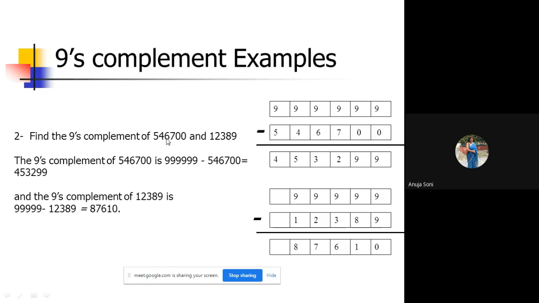Those are 1, 2, 3, 4, 5, 6. So that many 9's, that many of the highest symbol of that numbering system, you need to place, and the given number needs to be subtracted from those 9's to get the value of the 9's complement. This becomes the shortcut method.